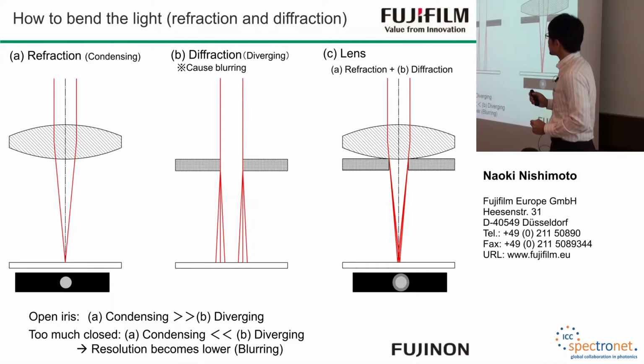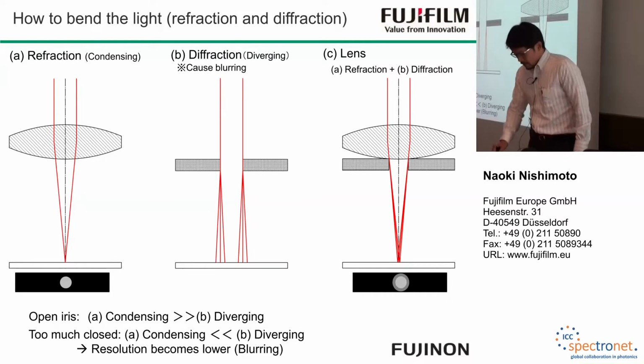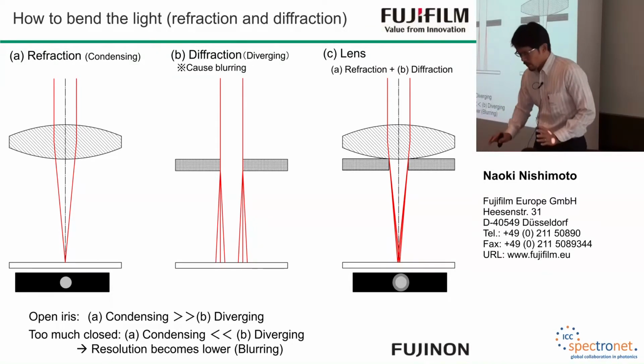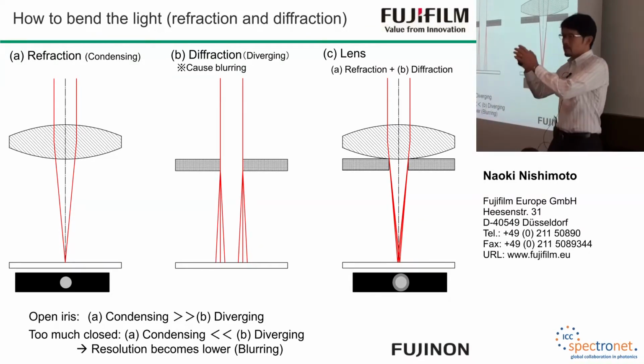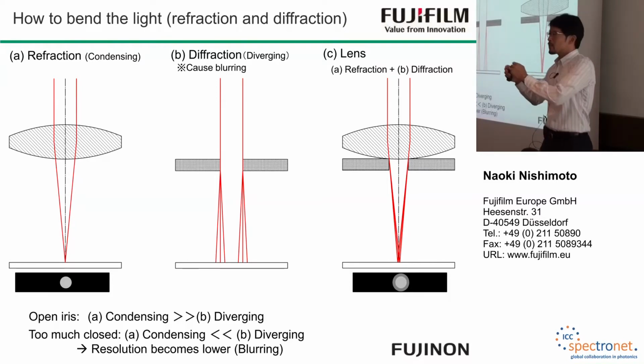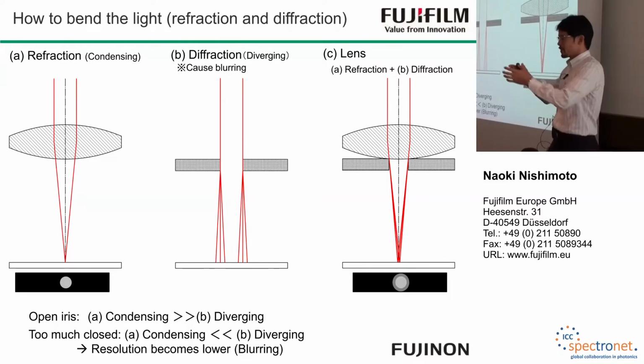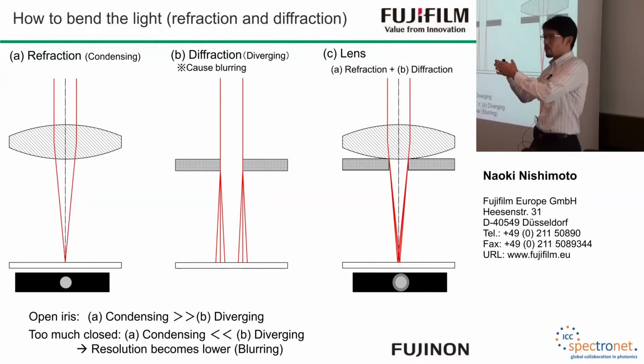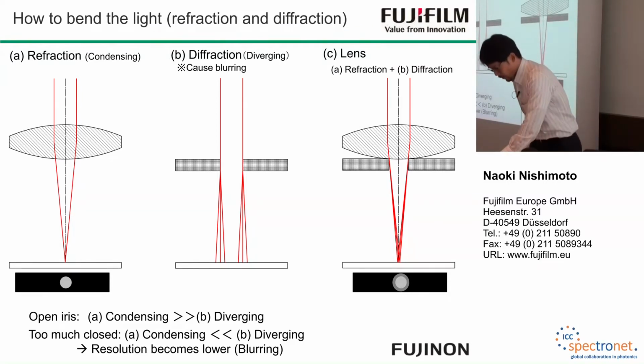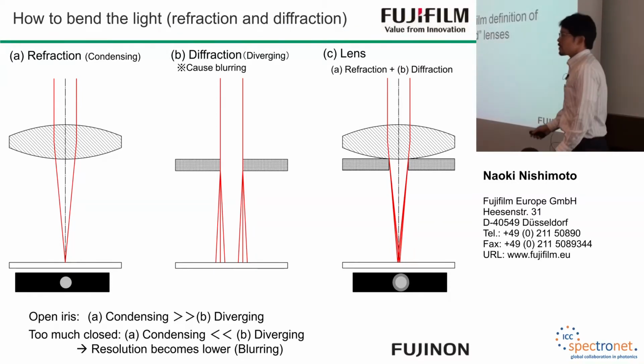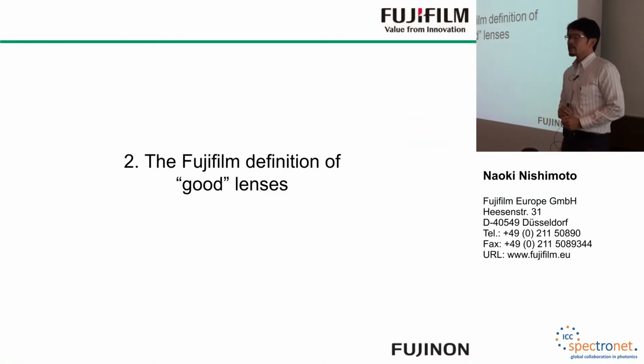This is the cause of blurring at a small aperture by diffraction. So when we set a lens in the system, please take care not to close the iris too much. This is the point. Then we covered 3 different image defects.